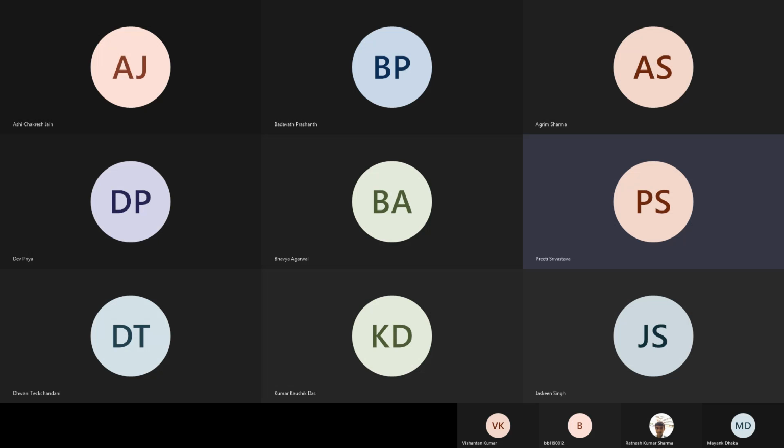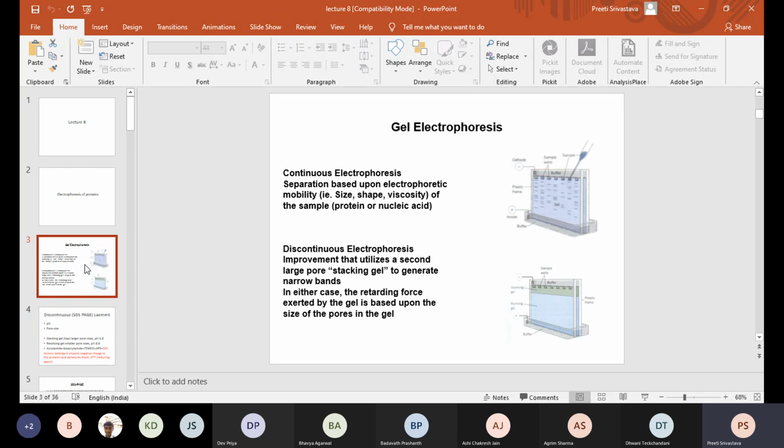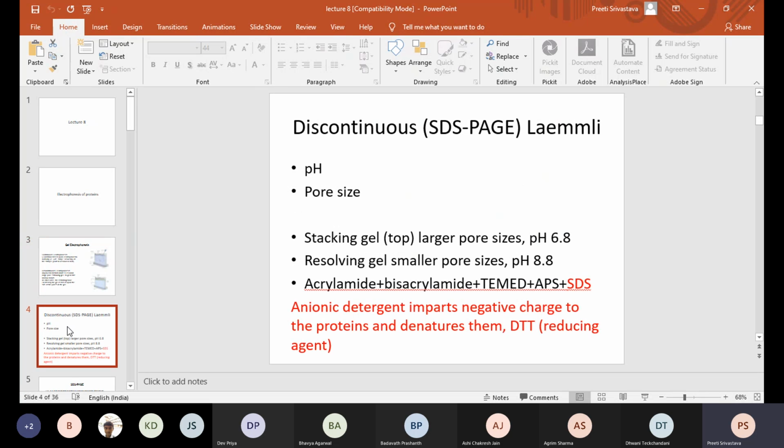that you are going to use polyacrylamide gel, and then this electrophoresis can be of two types, continuous and discontinuous electrophoresis. And in discontinuous electrophoresis, if you remember from the last class, we were discussing the differences between stacking gel and resolving gel. So the two gels, this part also we covered in the last class.